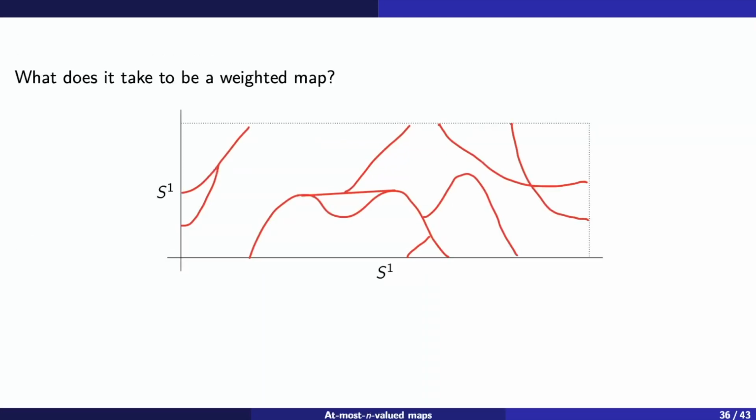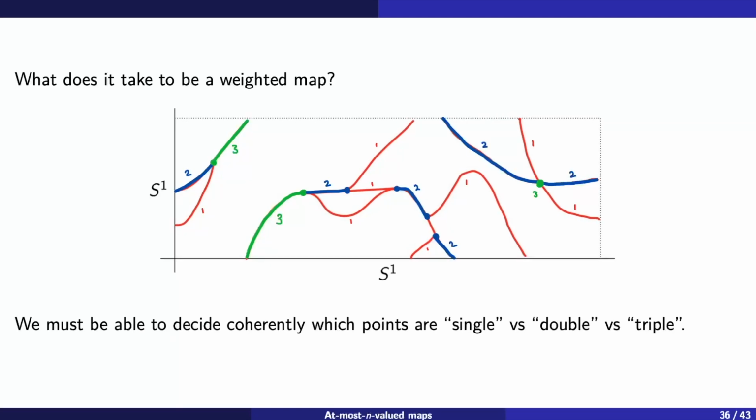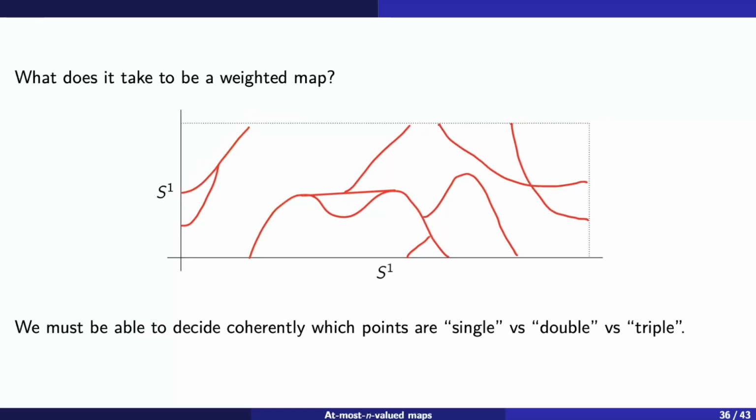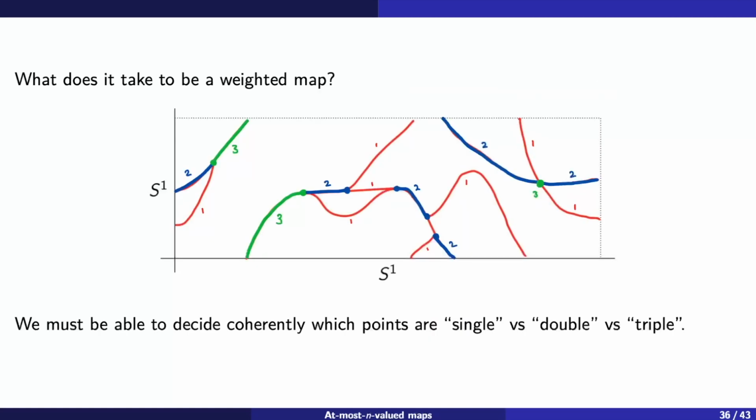Let's think for a moment about what exactly it takes to be a weighted map. Like this one I showed you before, you can actually put weights on everything. I would say from an intuitive level, what it means is there's some kind of coherent way whereby I can decide which points are single points versus double points versus triple points.